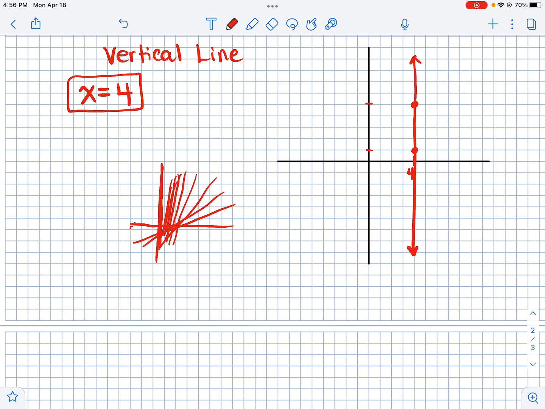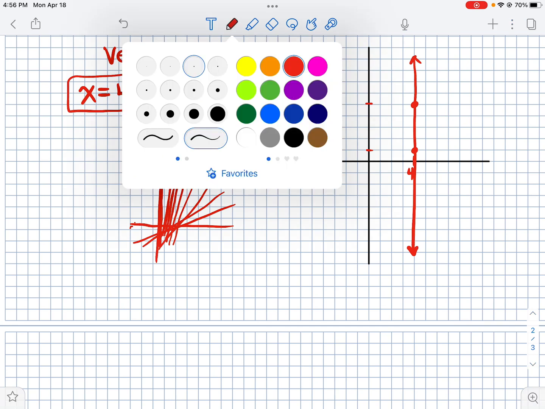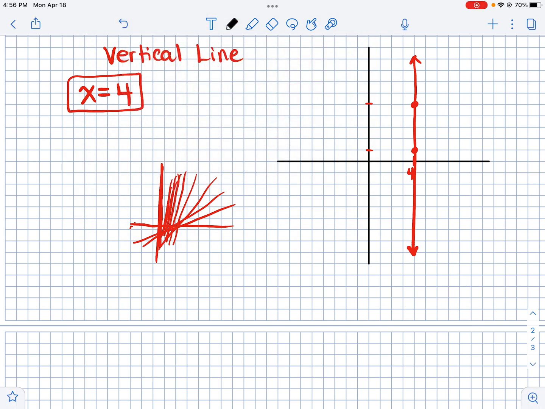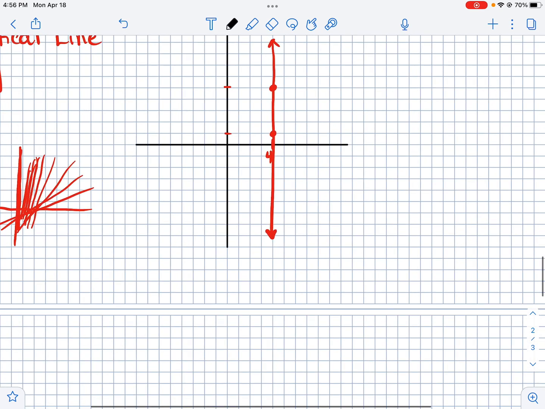So what would we call the slope of that line? Well, if you think about it like this, remember we learned an equation for slope? The equation we learned for slope was y2 minus y1 over x2 minus x1. So if I use that equation, let's say I use these 2 points.